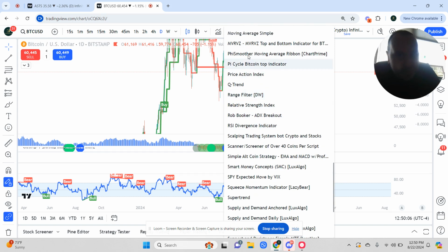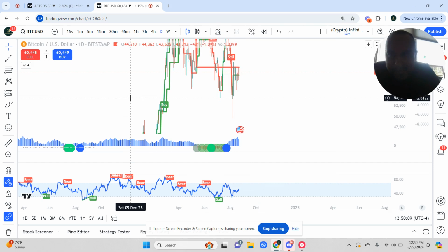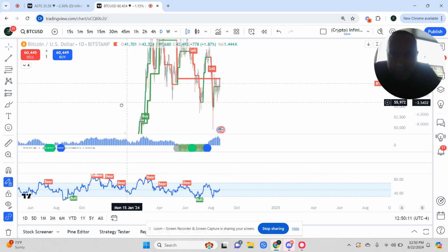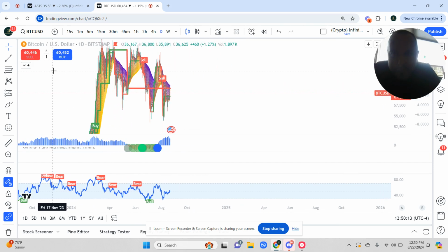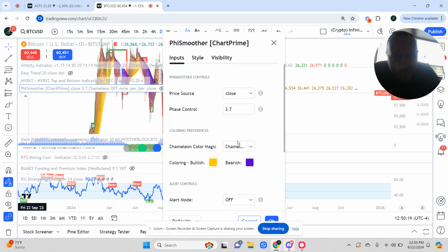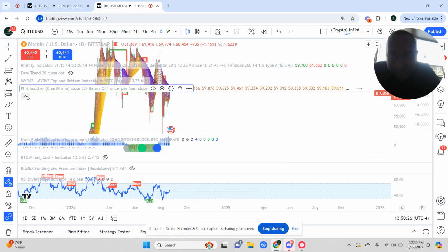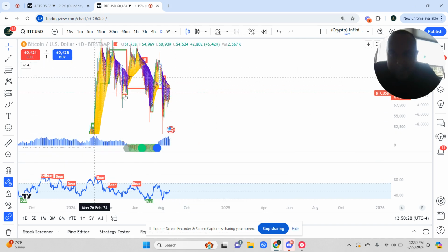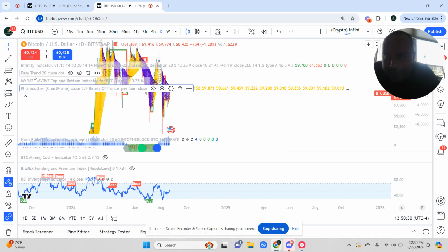So it's this PHI smoothing indicator. Okay, and what I do, since you're here, you can have it do this chameleon thing. I like binary. Okay, and you can change the colors too.